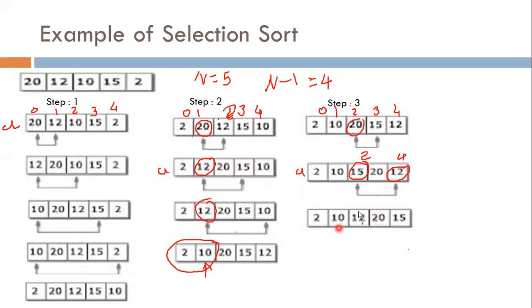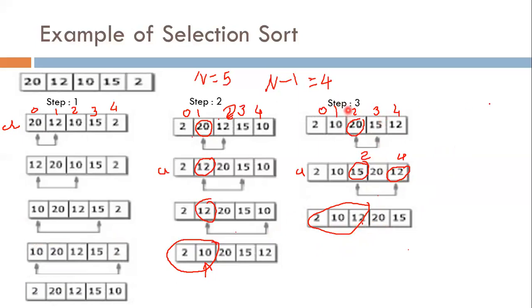Now see, after completion of step number 3, I get the third smallest element in our array, which is 12. Its position is at the third location. So here 3 elements are already sorted, meaning 2, 10 and 12.